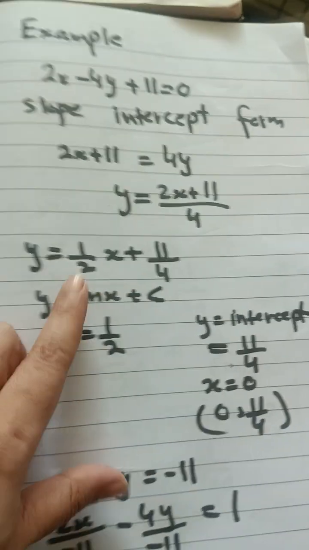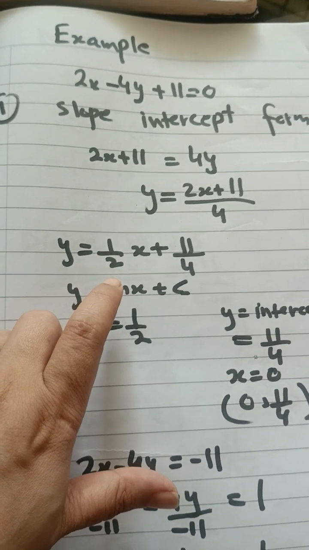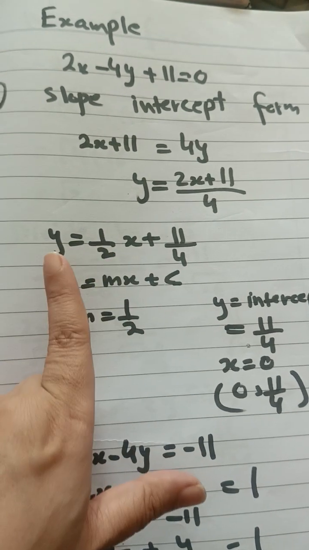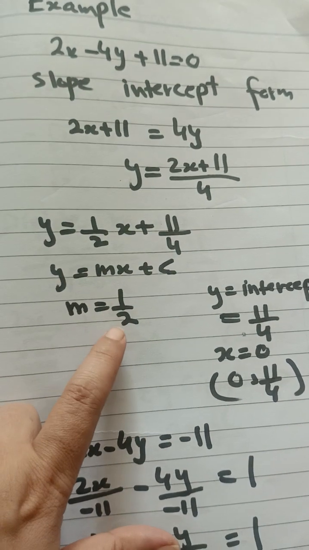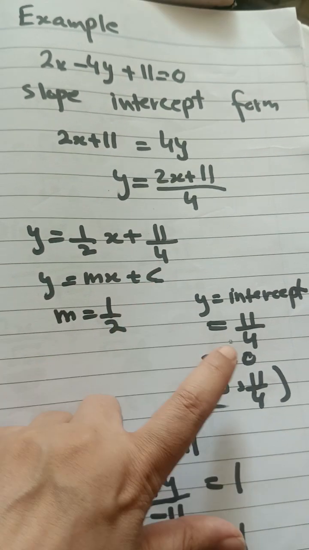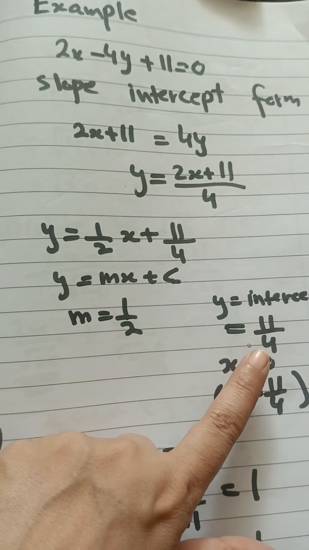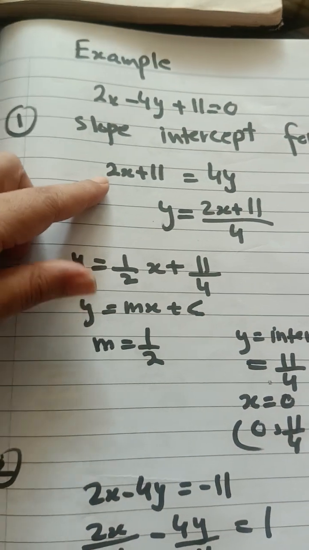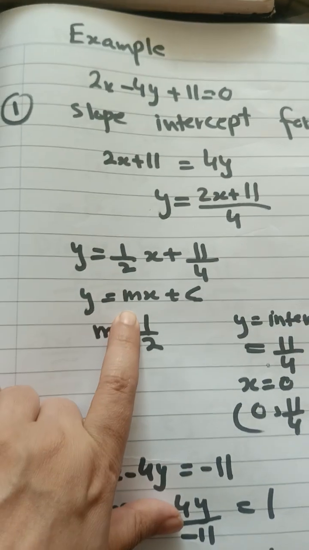Divide 4 into both terms. 2 and 4 will cancel and 1 over 2 will remain, and 11 over 4. Now this is y is equal to mx plus c, where m is equal to 1 over 2 and c is equal to 11 over 4. C is the y-intercept, 11 over 4. This is also an important form of the equation of the line, because we can calculate the slope from this.